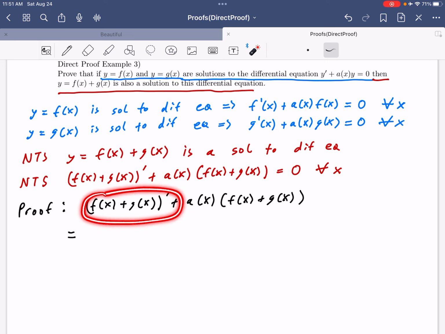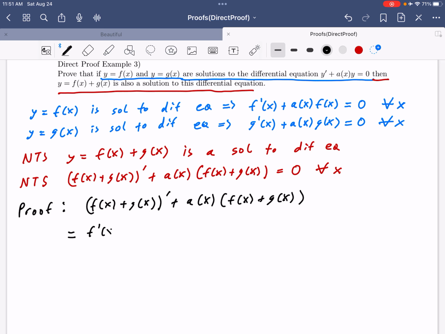We know how to apply the derivative to a sum. The derivative distributes over addition, so we can go ahead and call that f prime plus g prime. And we also know how to multiply functions. We know that that function also distributes there and there, so let's do that. A of x, f of x plus a of x times g of x.